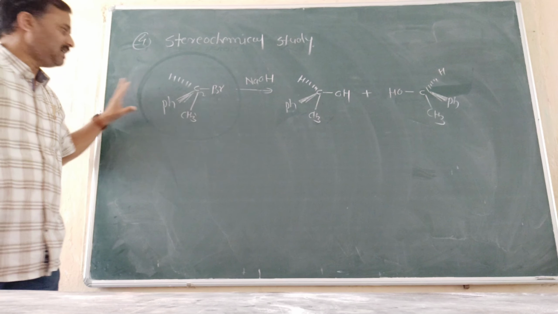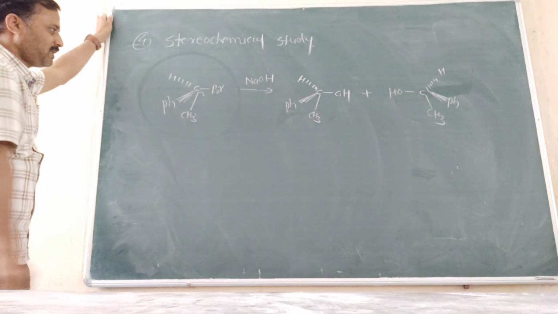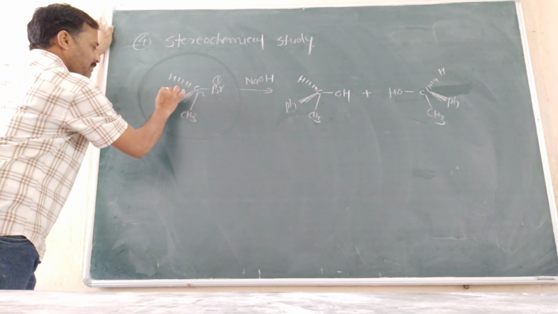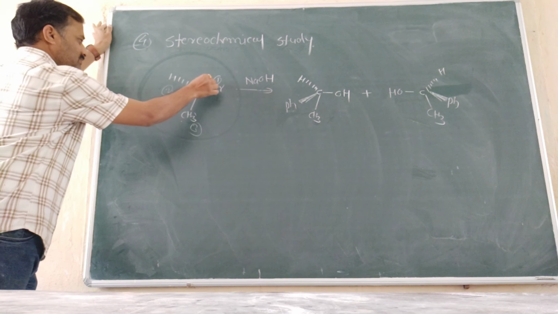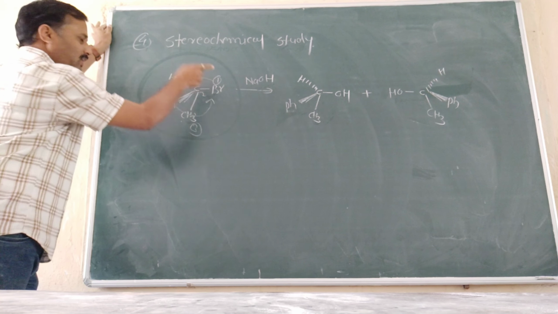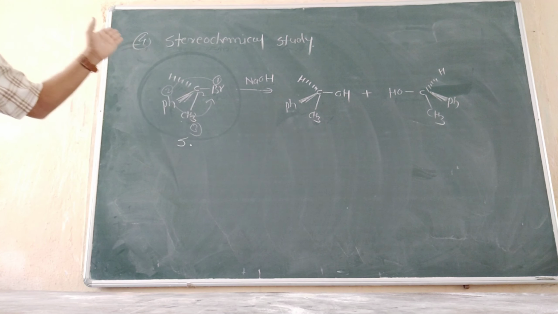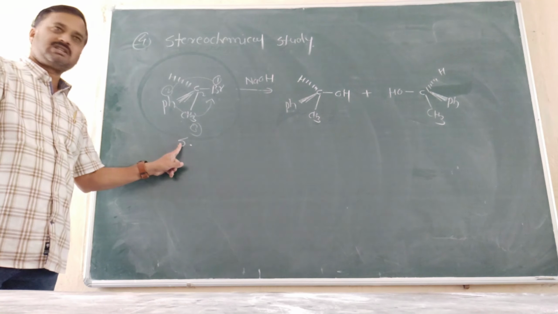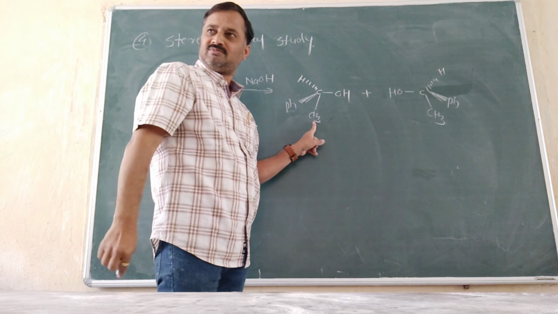See, that is first priority. Second priority, third. 1, 2, 3, anti-clockwise direction. Therefore, this has S configuration. What is the configuration of this?